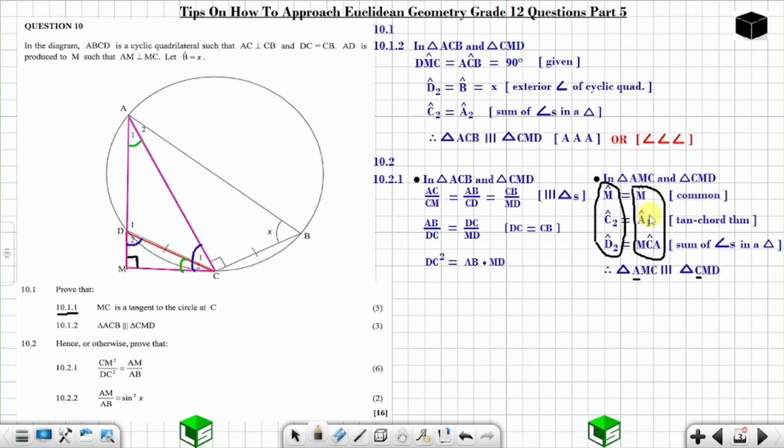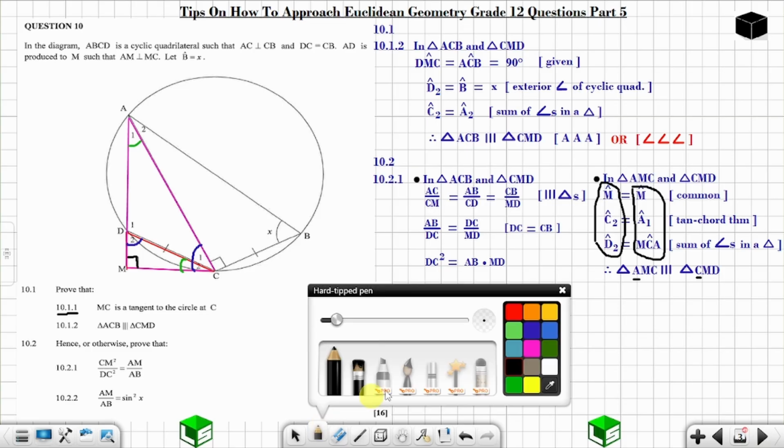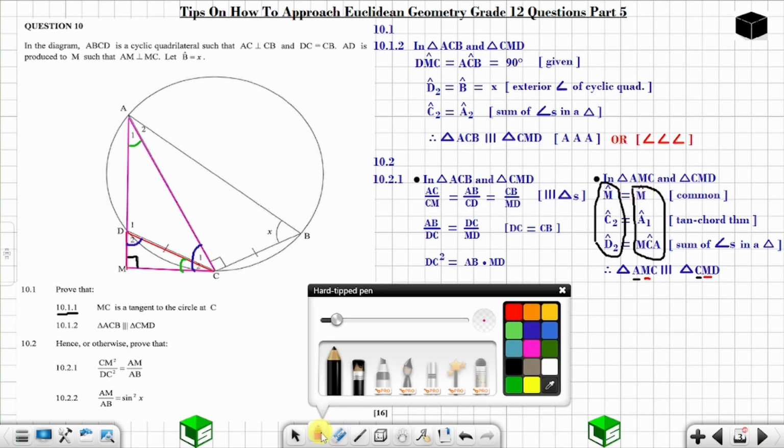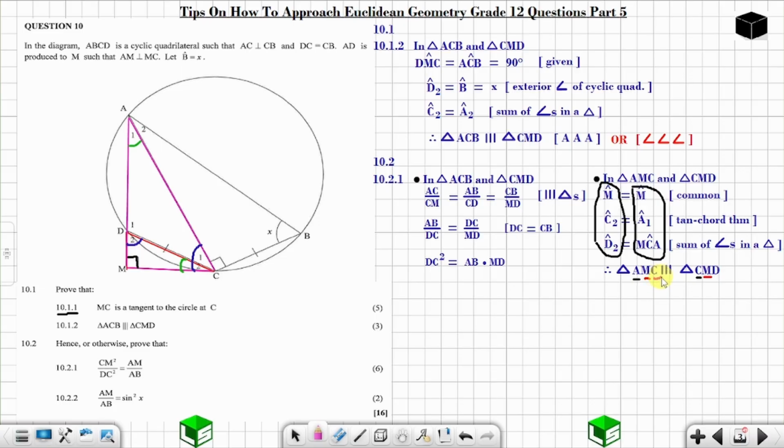You can see angle at A is equal to angle at C, and angle at M is equal to angle at M. Okay, you have M and M, and angle at C is equal to angle at D. Okay, angle at C is equal to angle at D. Always respect the order so that you can write the proportionality equation correctly.